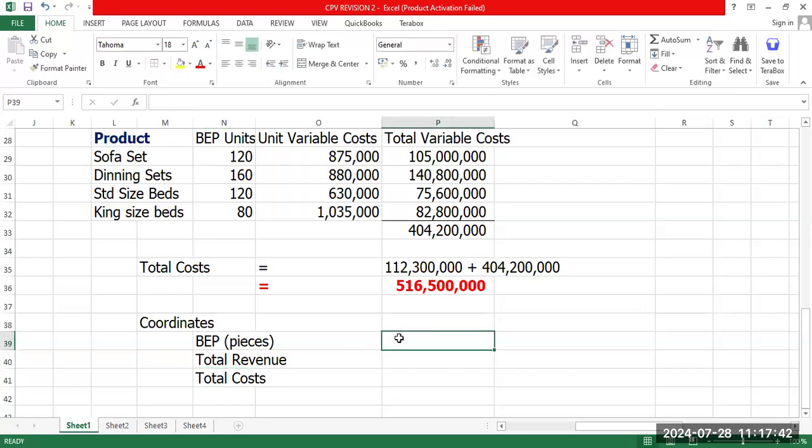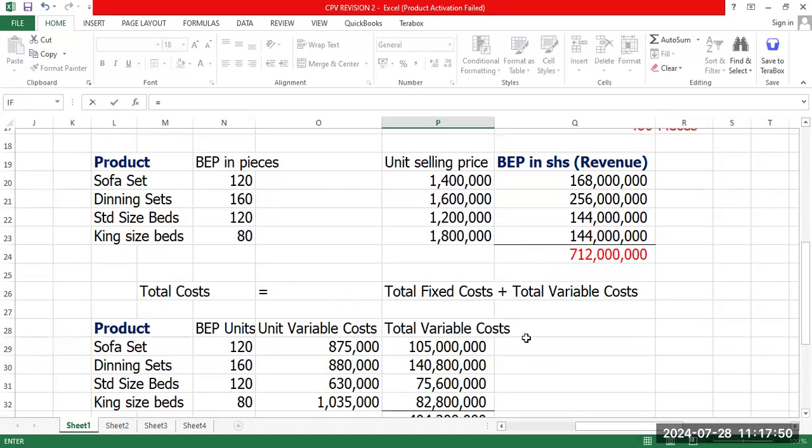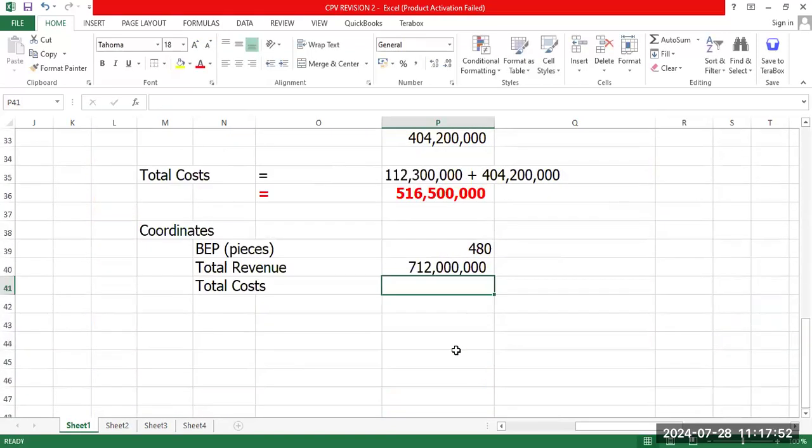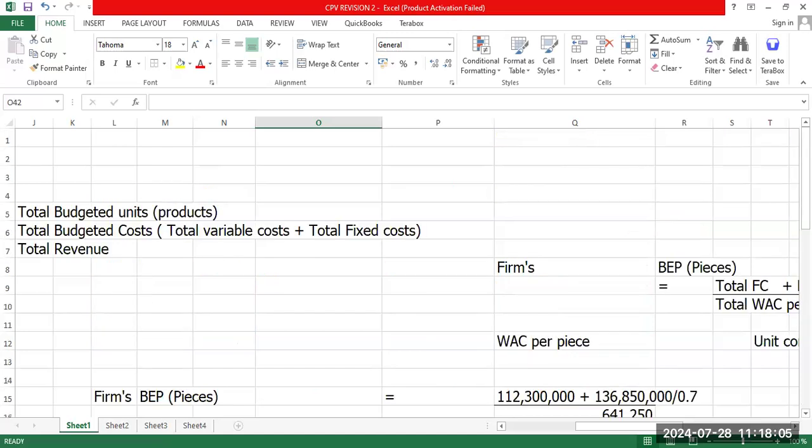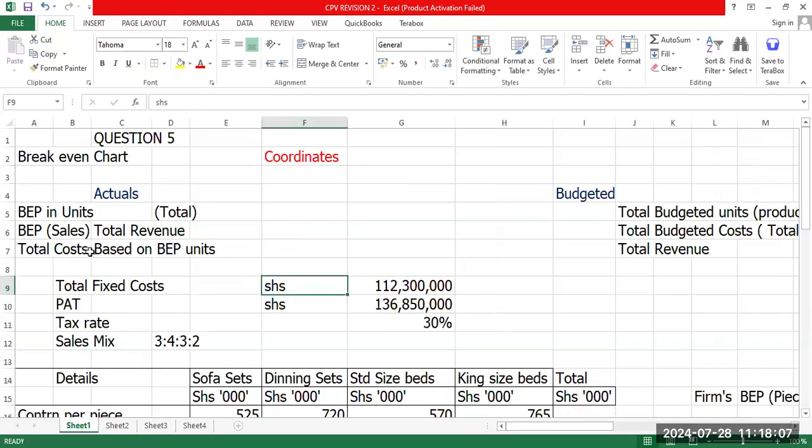Here it is 480. Then here total revenue is this one. Then total cost is this one. So that is number one. You're done with the first section.